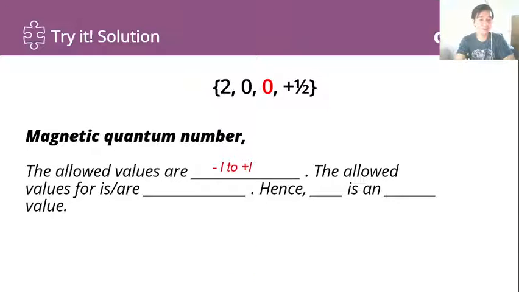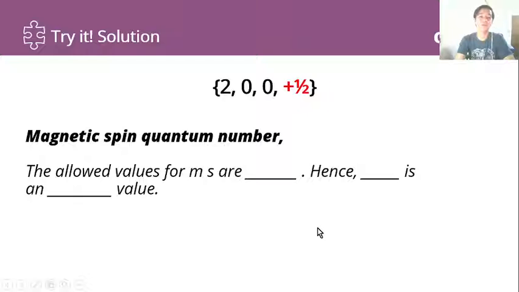It's from negative L to positive L. Therefore, the allowed values are -2, -1, 0, +1, +2. Hence, 0, is it an allowed or forbidden value? The answer is allowed. Why? Because you can see here 0.